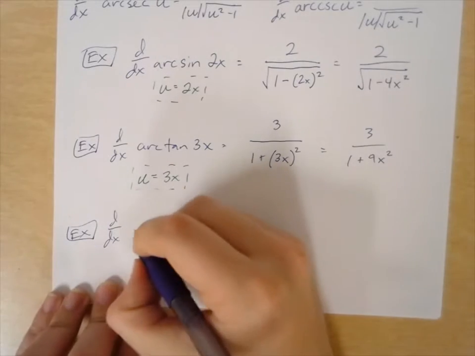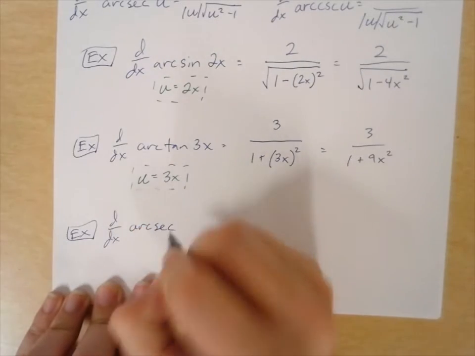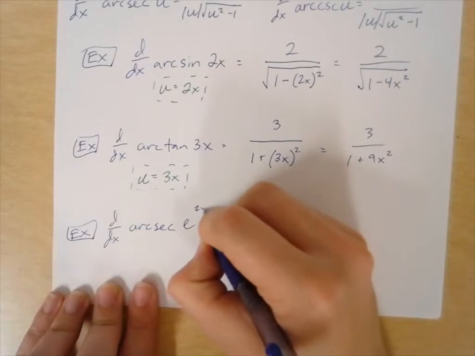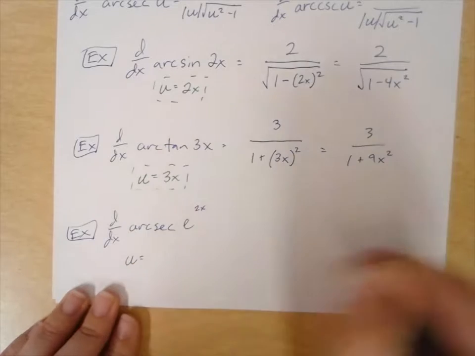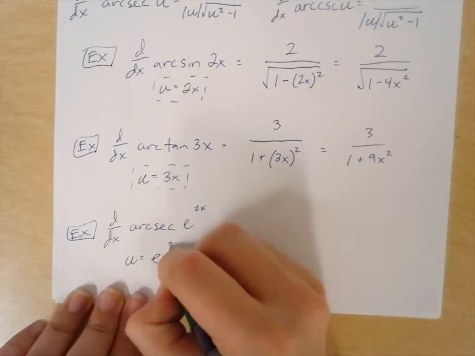The derivative of the inverse of secant of e to the 2x. It's important that we understand the u in this case is e to the 2x.